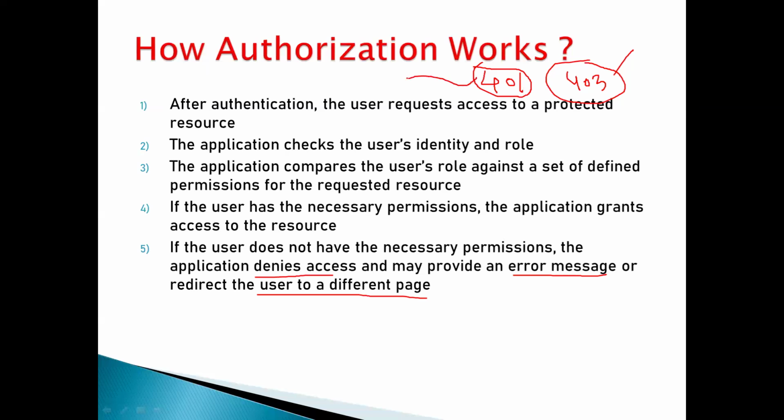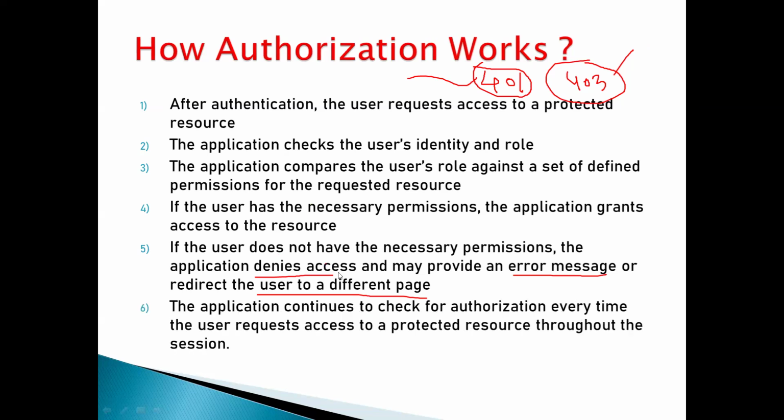The application continues to check authorization for every resource throughout the session. On every hit you should verify whether you have the specific permission with your roles. That is how authorization works.